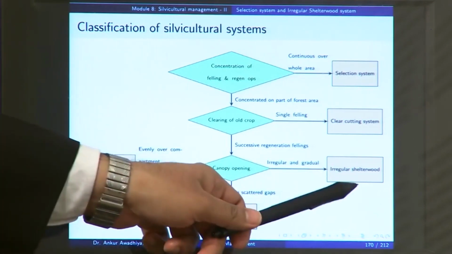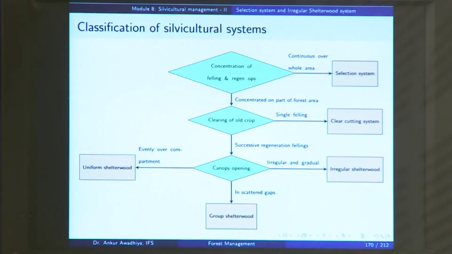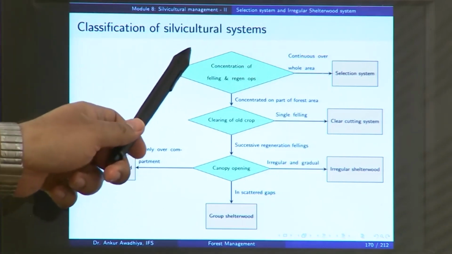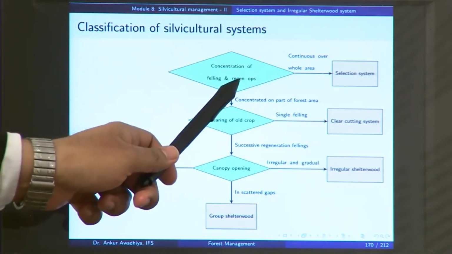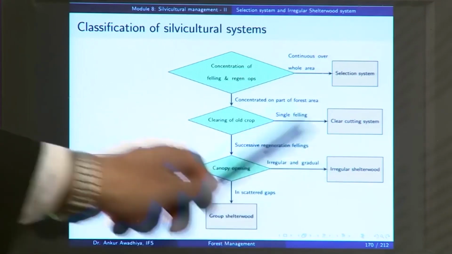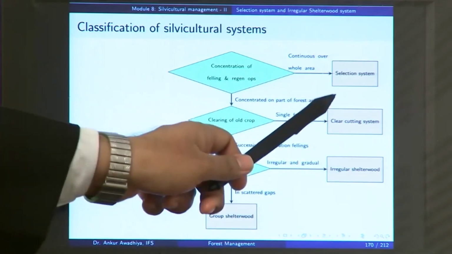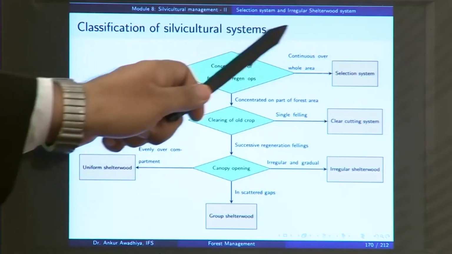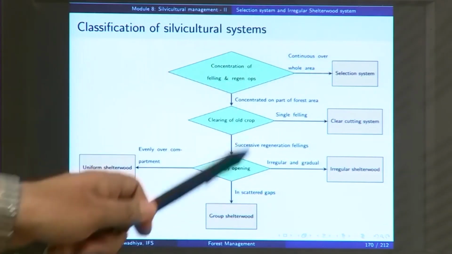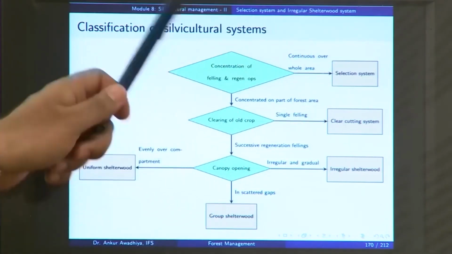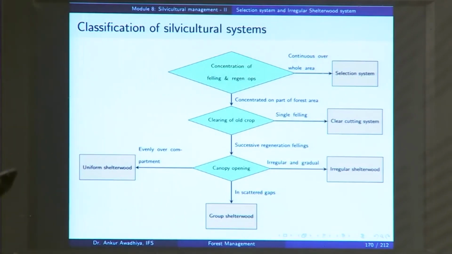So, here we have the irregular Shelterwood system in the flow chart. How do we reach an irregular Shelterwood system? The first question is concentration of felling and regeneration operations, and in the case of the irregular Shelterwood system, they are concentrated on part of the forest. So, you are not doing it in the whole area as in the selection system, you are concentrating it on part of the forest.